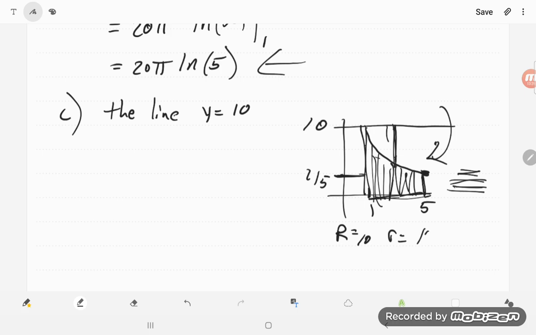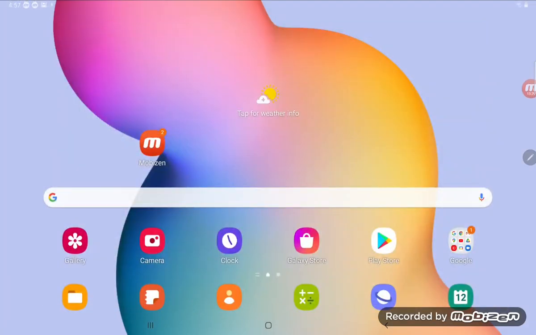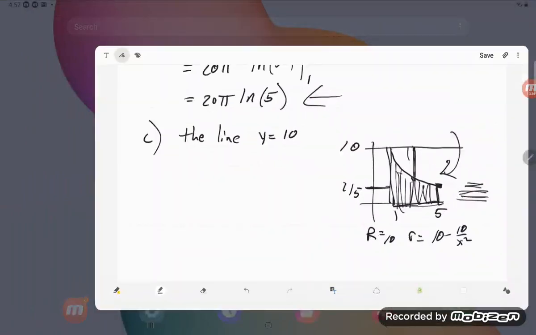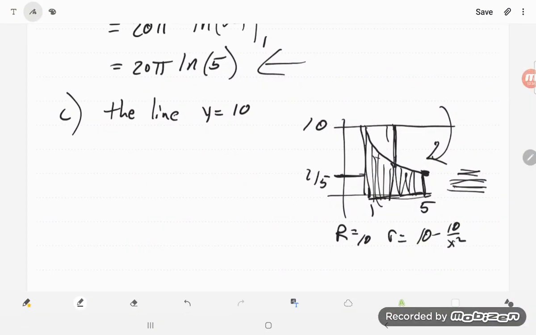So that's 10 minus 10 over x squared. There's my little r, and so I need to square each of those and do that subtraction. And again, sometimes I just do the big R as a geometry problem, and sometimes I put it in the integral. This time I'll put it inside that integral.